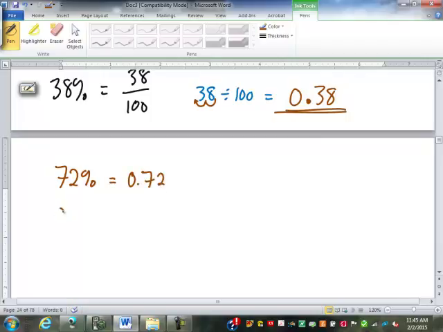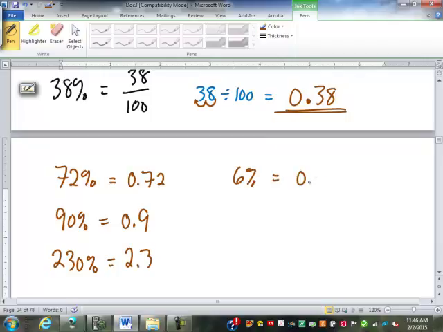How about 90%? 0.90 or just 0.9? 230%? 2.3, good. 6%? 0.06? 7.3%. Perfect. 0.073. And here's the one I always catch people on. 1/4%.